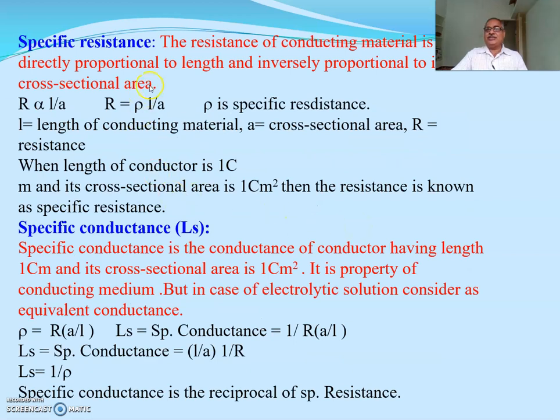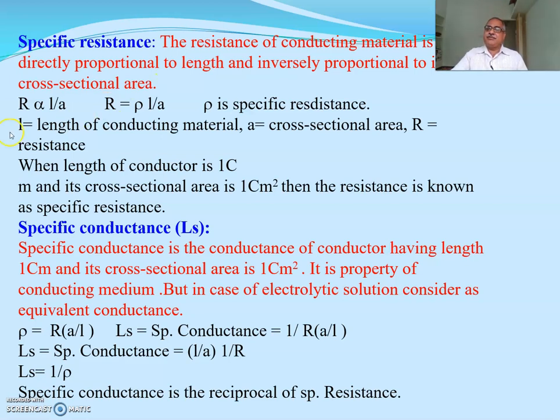Then we are going to see the specific resistance. The resistance of a conducting material is directly proportional to its length and inversely proportional to its cross-sectional area. Or you can say that the resistance of a conducting material having a length of 1 centimeter and a cross-sectional area of 1 centimeter square is the specific resistance.